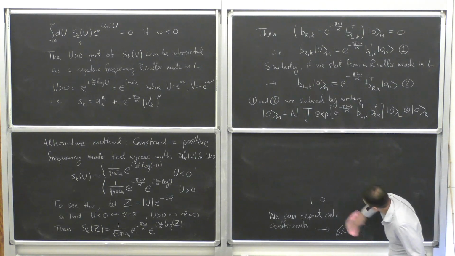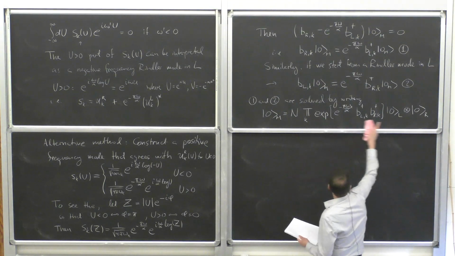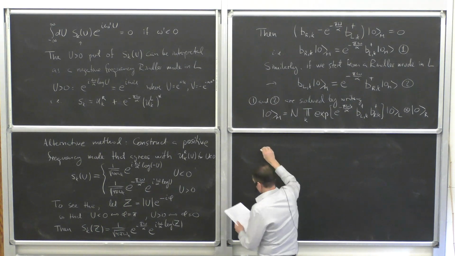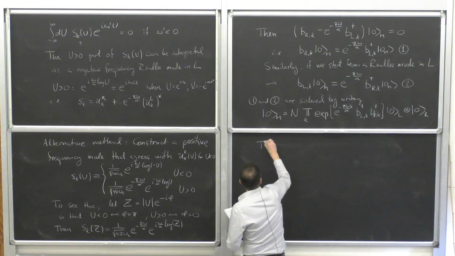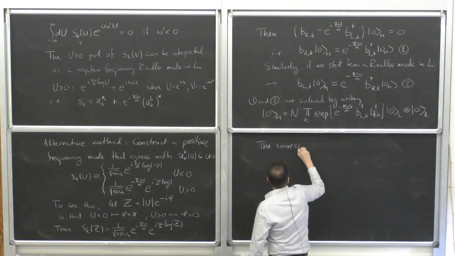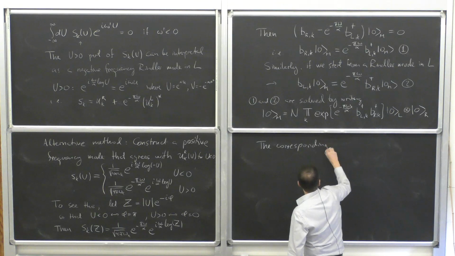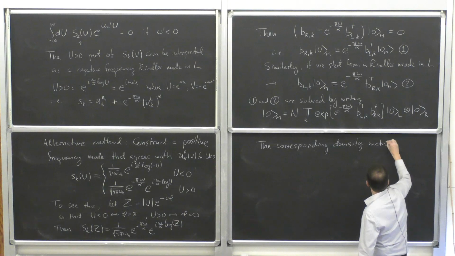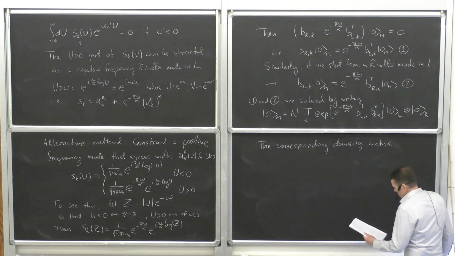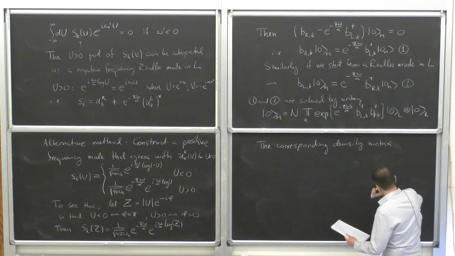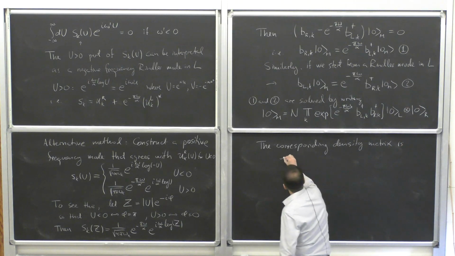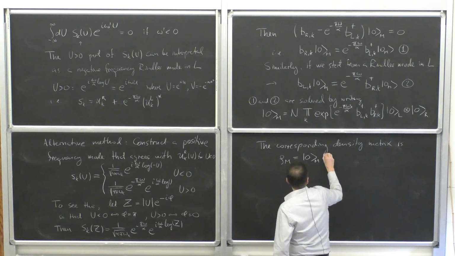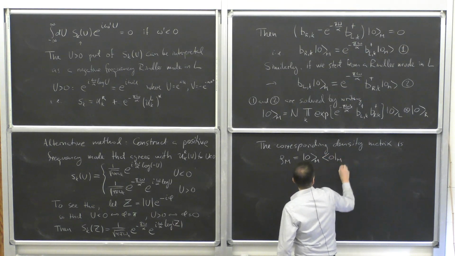All right, so now we have a formal expression for this thing. We can construct a density matrix, the corresponding density matrix, let's call it rho, so that's given by, right?